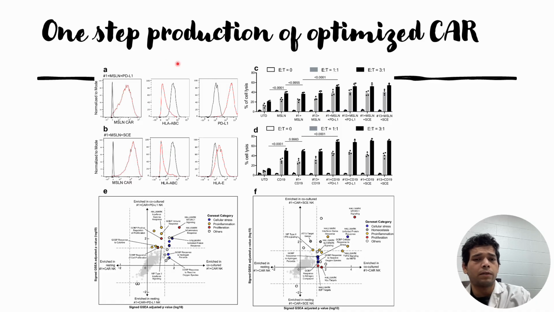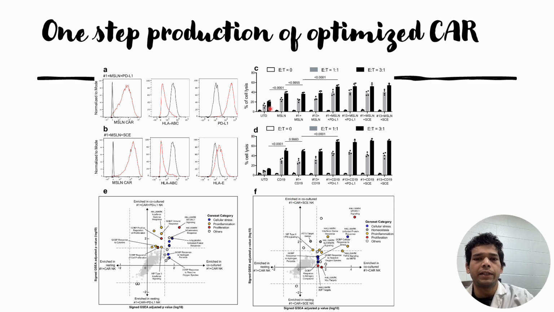So once the results were as expected, they wanted to see the cytotoxicity effect, whether it has the same efficiencies that they saw previously or not. For that they used their respective cancer cells: the MSLN CAR is treated with ovarian cancer cells, and the CD19 CAR is co-cultured with Raji cells.